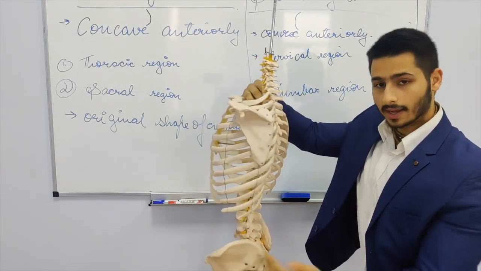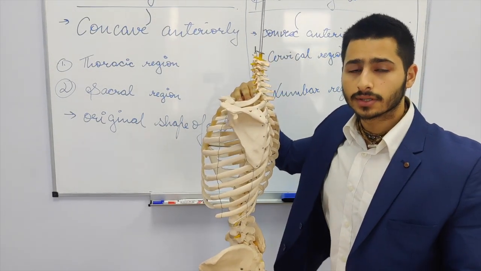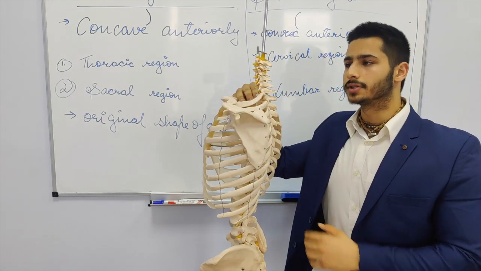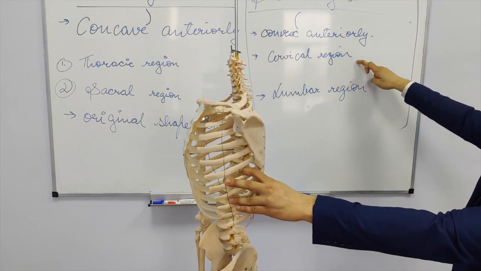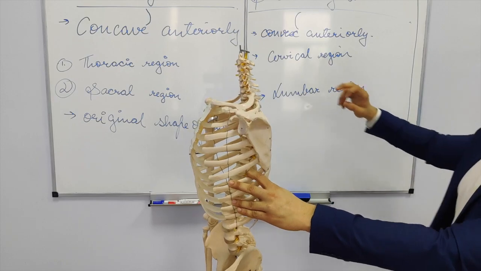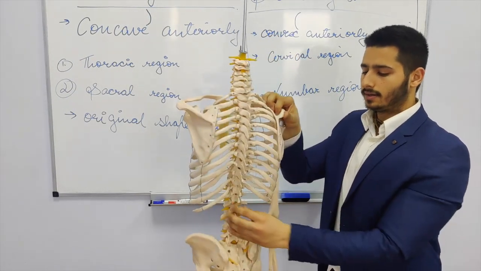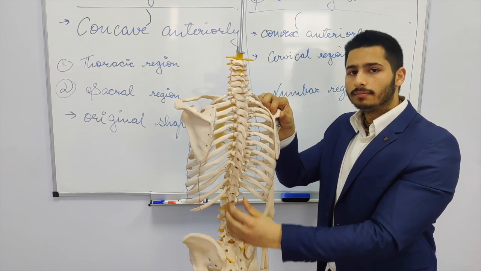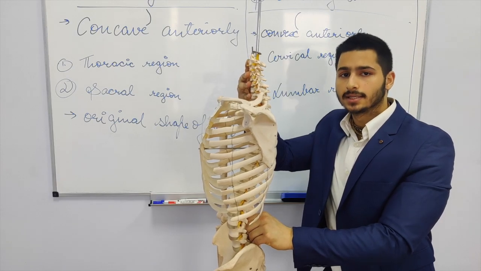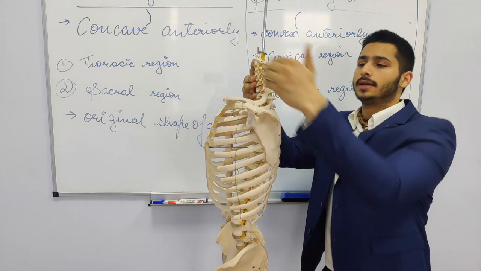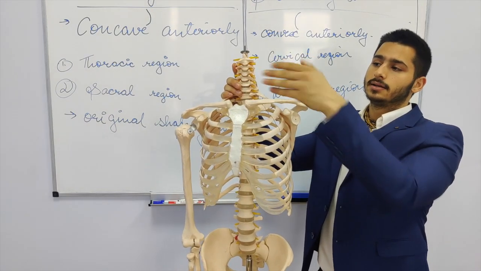They are concave anteriorly. Now we move on to the secondary curvature. The secondary curvature is present in the cervical region and the lumbar region. The cervical region is the neck area, and this is the lumbar region. Now they are convex anteriorly. When you view them from the anterior side, you will see that they are convex.